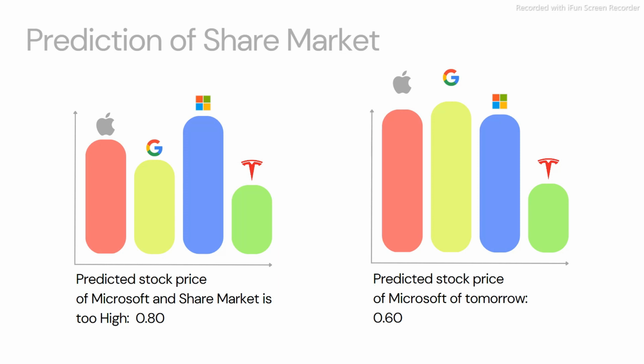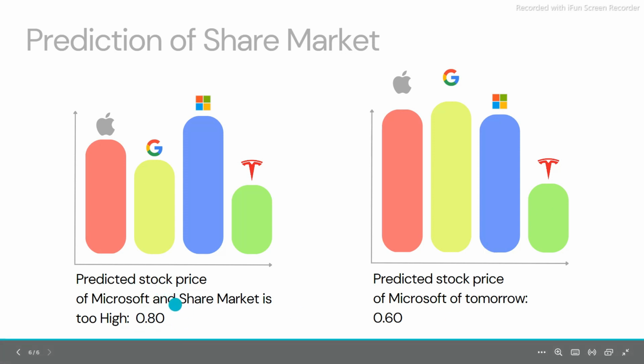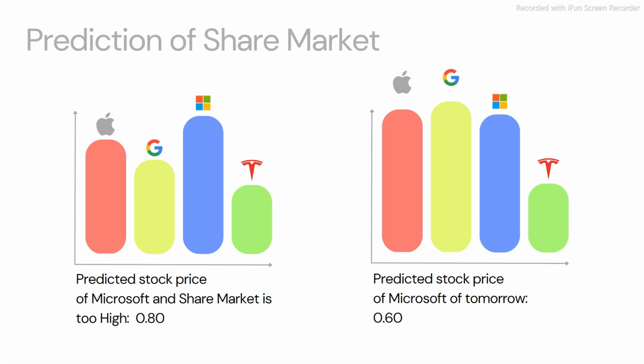To find that, first of all we need to find the probability of getting both: the share value of Microsoft increasing by tomorrow and the overall share market increasing by tomorrow. We have to find both probabilities, because the first step to calculate the conditional probability is to find the common probability between both events, and it will be 0.80, and the overall share market increasing by tomorrow is event B, that is P of B, that is 0.60.